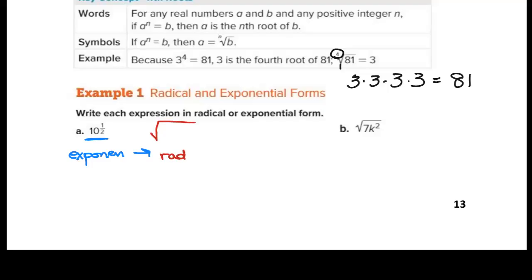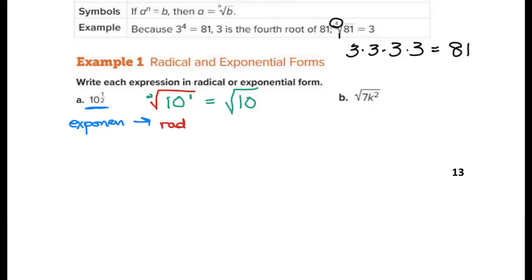So you have to have a radical sign for radical form. Your base 10 is going to go inside, and if it's to the 1/2 power, that's all you need to do. Because we could put a 1 here, and we could put the 2 there, but you don't need to. You can just write it as the square root of 10. Okay?